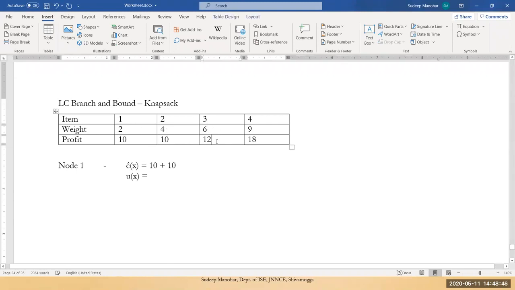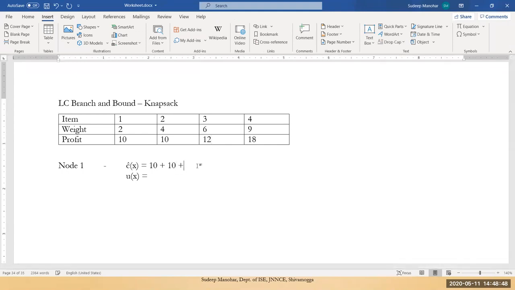Therefore, you can consider the profit of the next item also. Out of 15, only 3 remains in the knapsack.